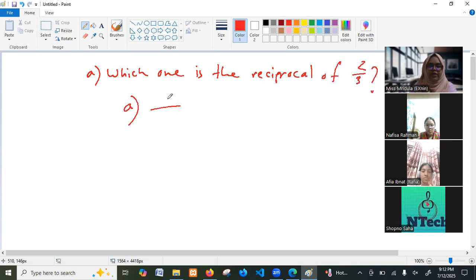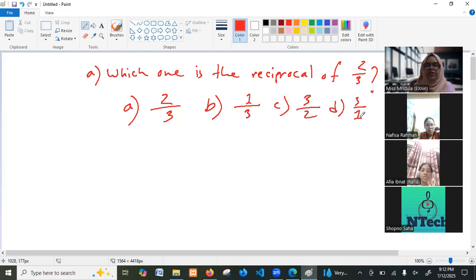In the options they have given 2 by 3 itself, they have given 1 by 3, they have given 3 by 2, and they have given 3 by 1. So which one is the reciprocal of 2 by 3? Number C. Number C, the opposite fraction, 3 by 2. This is the very basic thing that we have to learn when we are working with fractions.